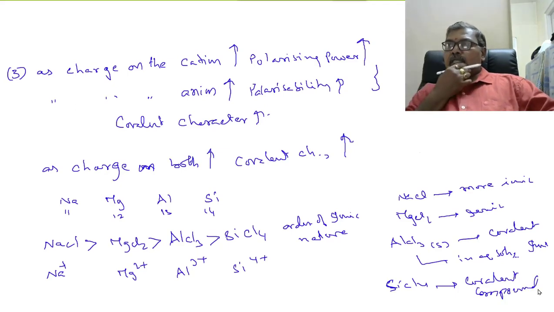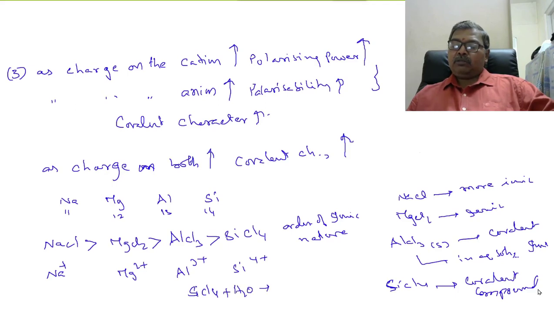See, actually, if SiCl4 is taken in water, it undergoes hydrolysis. It is insoluble in water, but it chemically reacts with water to give H2SiO3. SiCl4 plus H2O gives rise to H2SiO3, silicic acid, byproduct is HCl. You can balance the equation. Clear?